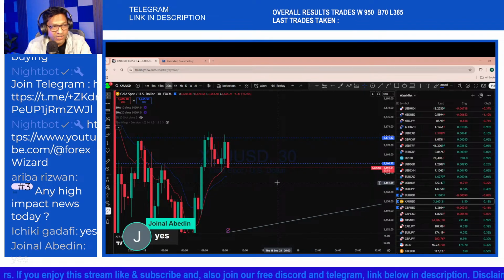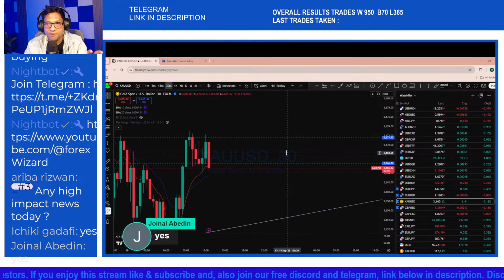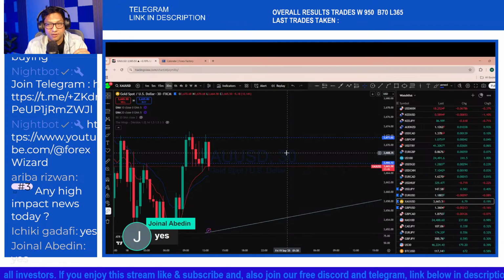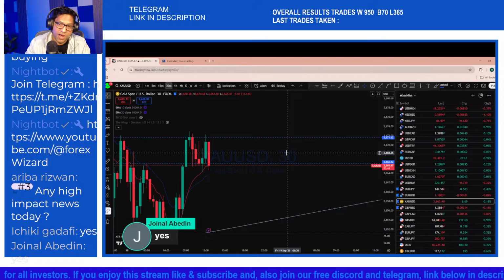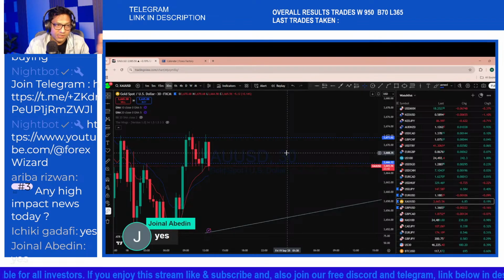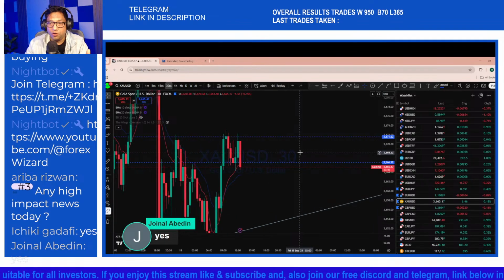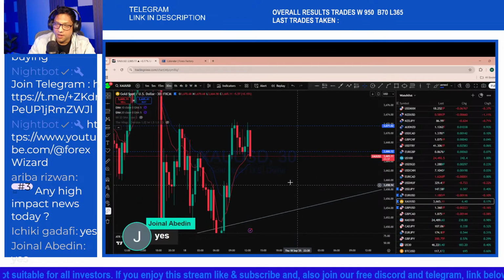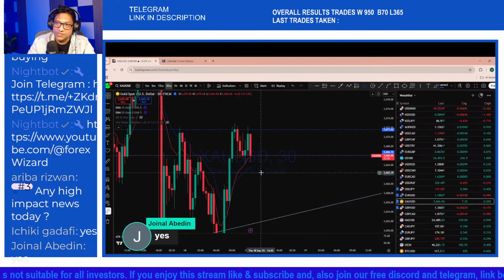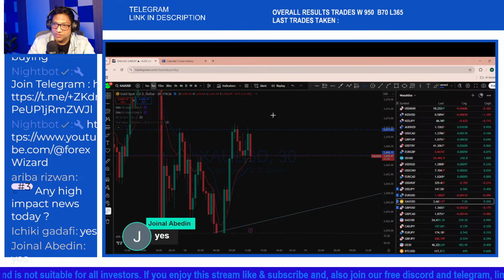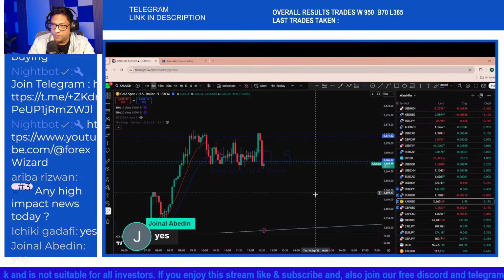Having an edge means that you know exactly in what situation the market reacted in the past, and you are using that same kind of level for potential entry. Now we can see that after this break, this is a 5 minute drop.